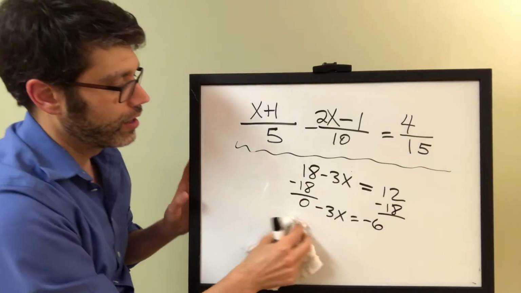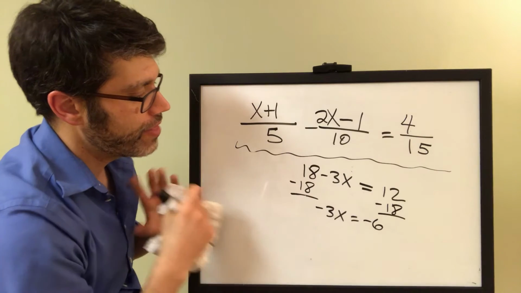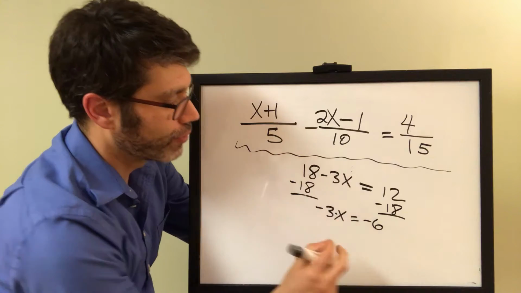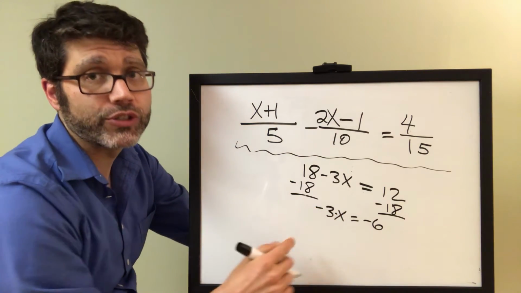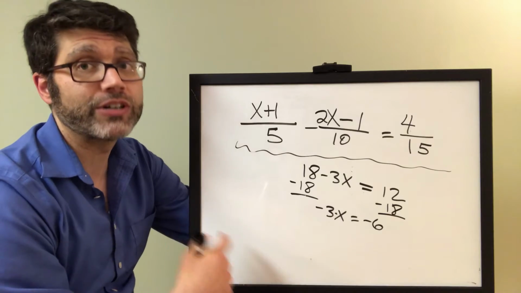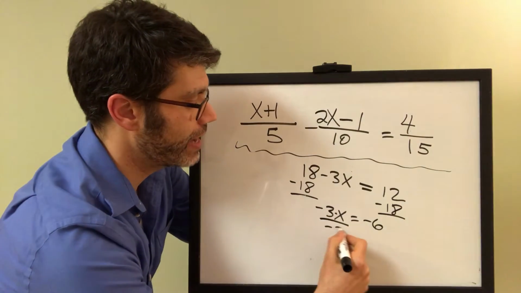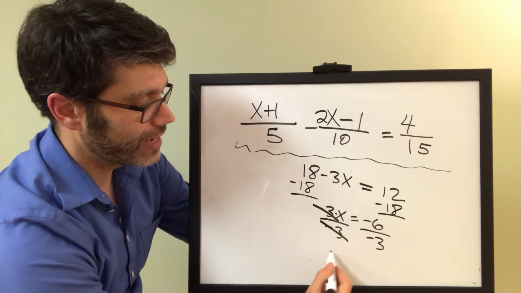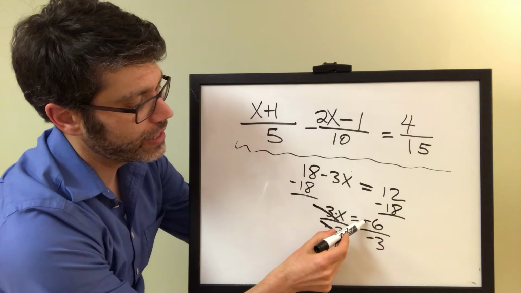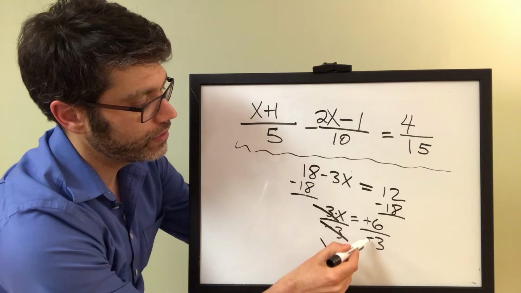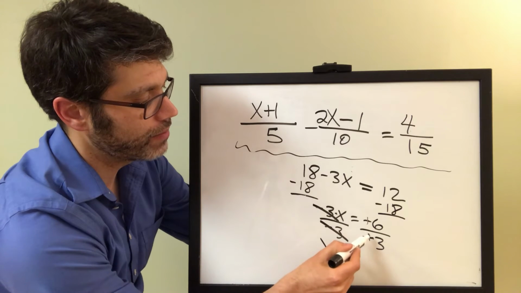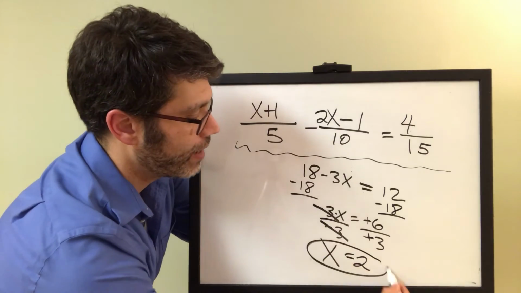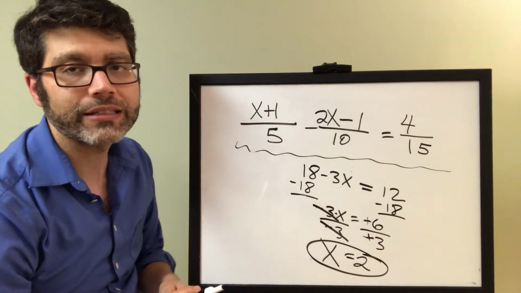Then the way that we can break up this multiplication is through its inverse operation. The inverse operation of multiplication is division. So we can divide both sides by negative 3. Negative 3 over negative 3 is a positive 1, and positive 1 times x is just x. Then negative 6 over negative 3: two negatives make a positive, and 6 divided by 3 is 2. So our solution is x equals 2.